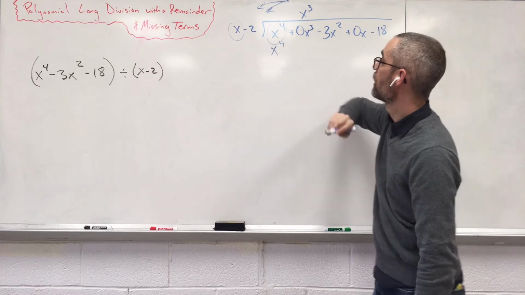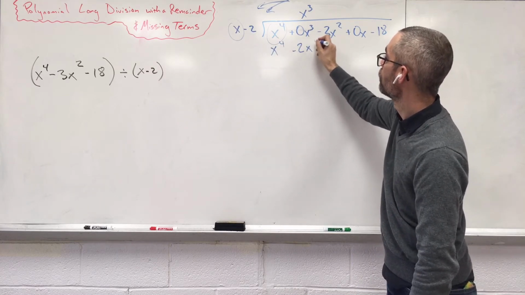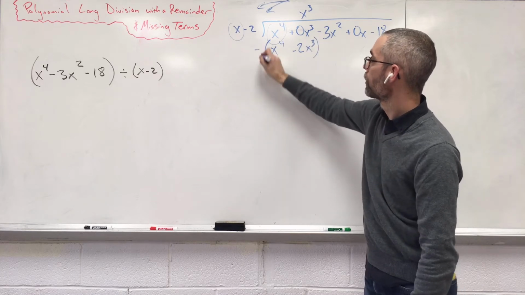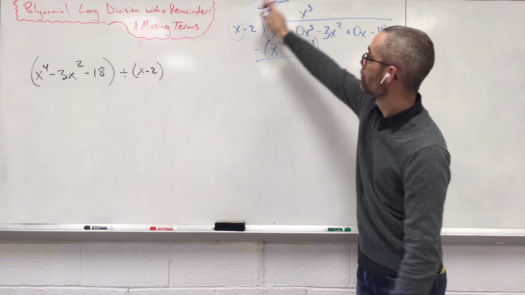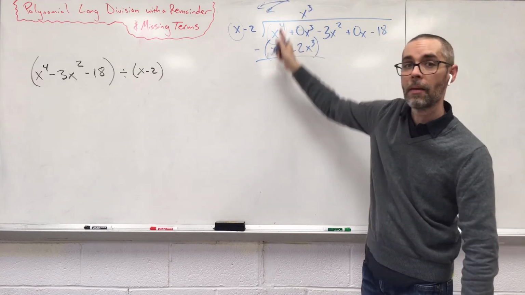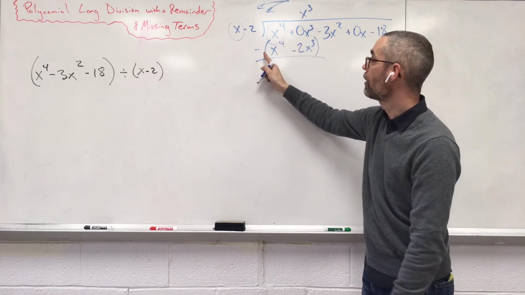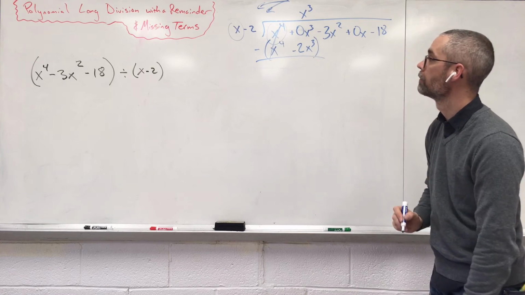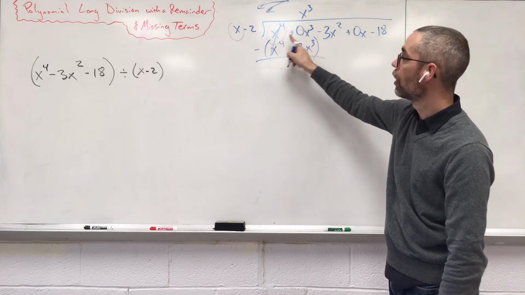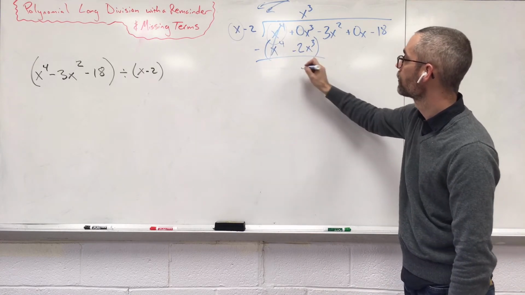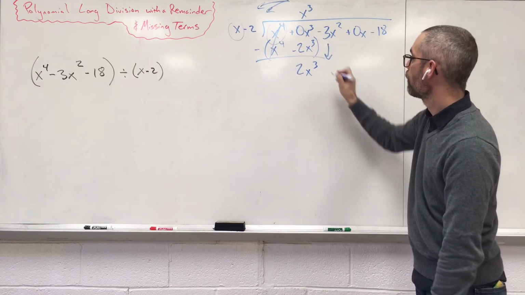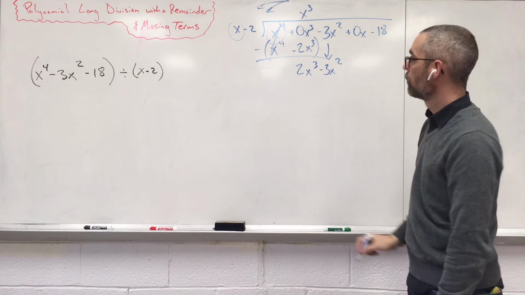X to the third times -2, negative 2x to the third. I want to subtract. Now every time we distribute, this first term should be the same because when we subtract them, positive and negative, they disappear. Now we're left with 0 minus minus, or 0 plus 2x to the third, and bring down. So first round is done.